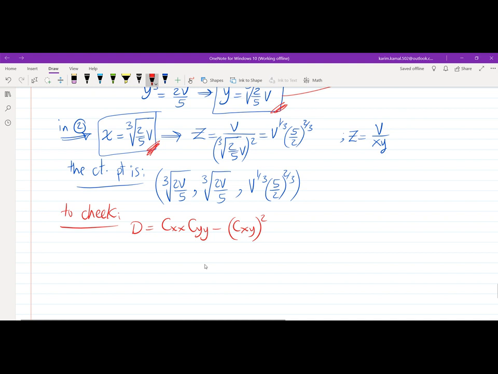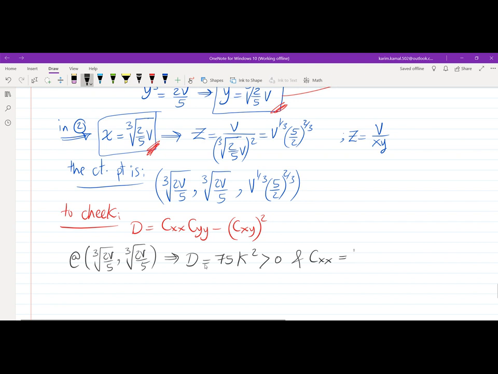Then at x and y, which is cubic root 2v over 5 and cubic root 2v over 5, the discriminant D will be 75k squared after simplification, which is bigger than 0. And we have that Cxx will be 10k, which is also positive.